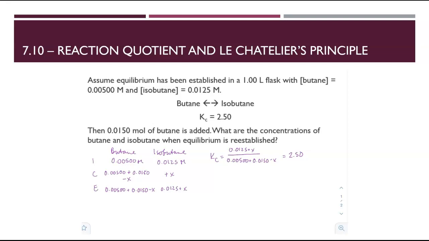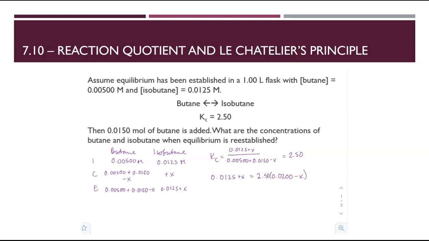Okay, at this point, it's just our normal algebra. So I'm going to move some things around. So I end up with 0.0125 plus X equals 2.5 times 0.02 minus X. So that's my 0.015 plus my 0.005 minus X, and that's moved from the denominator over to the right side of the equation multiplied by our Kc value.